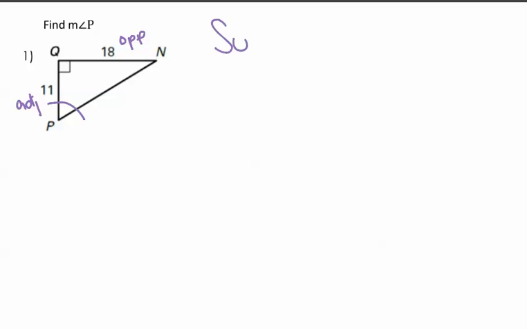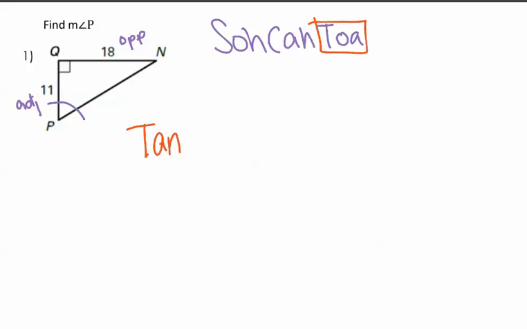If we refer back to SOHCAHTOA, opposite and adjacent means we're going to deal with tangent here. I'm always going to do sine, cosine, or tangent of my angle. So I want the tangent of my angle. We don't know what our angle is, so we're going to call that P. And that equals opposite, which is 18, over adjacent, which is 11.